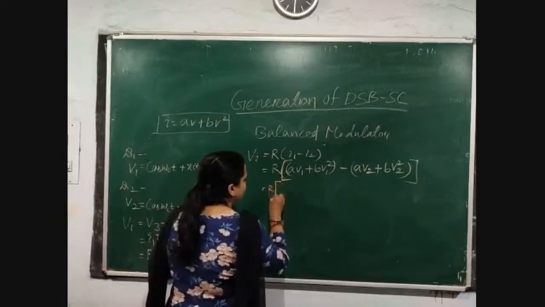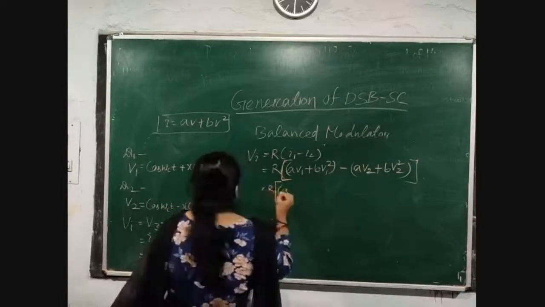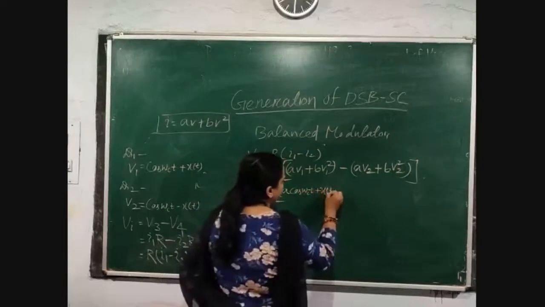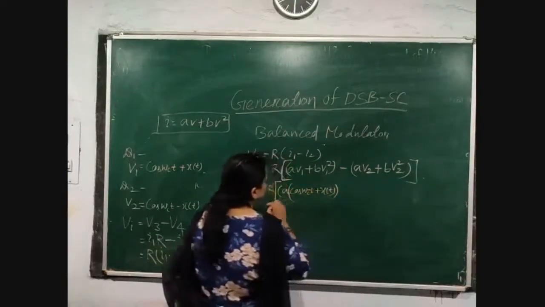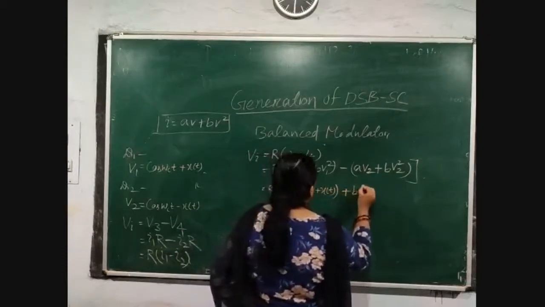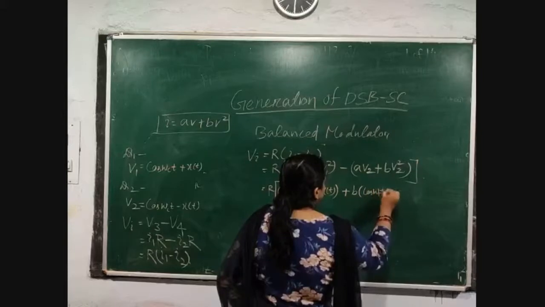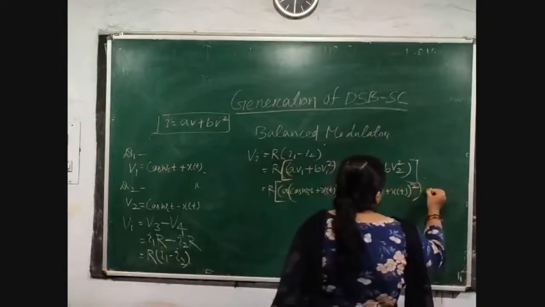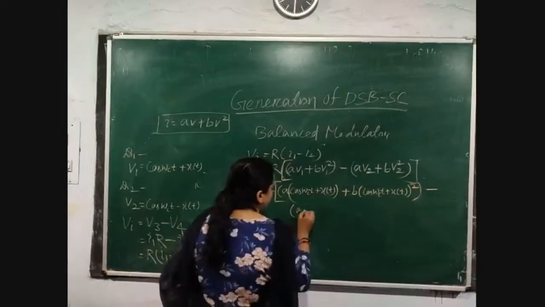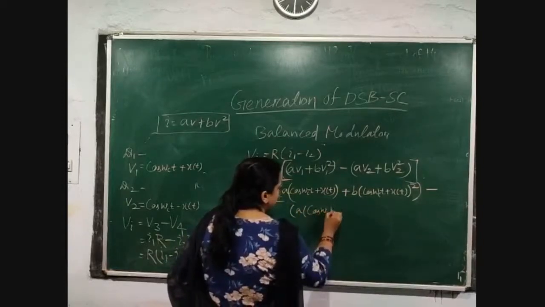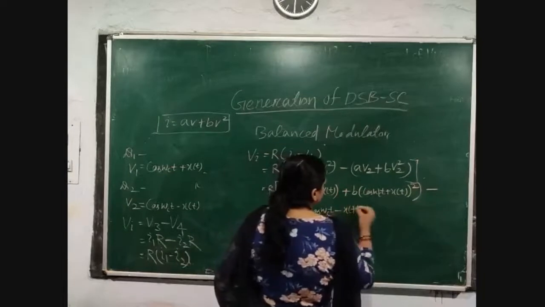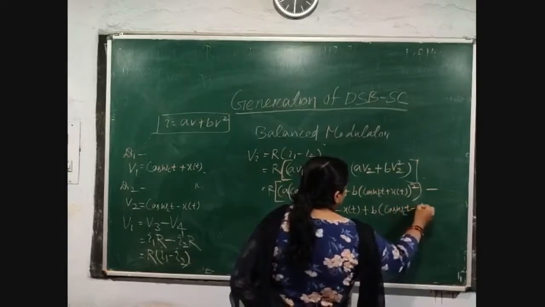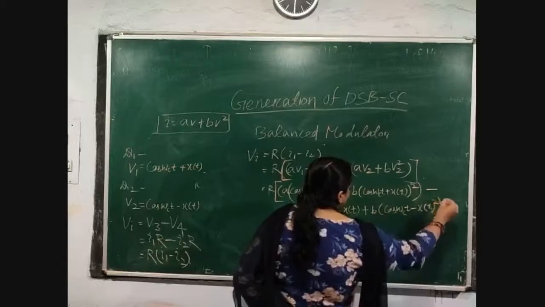So R times A V1, that is A cos omega ct plus x of t, plus B cos omega ct plus x of t whole square, then minus A cos omega ct minus x of t plus B cos omega ct minus x of t whole square.